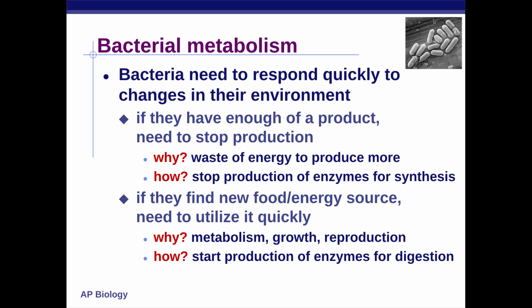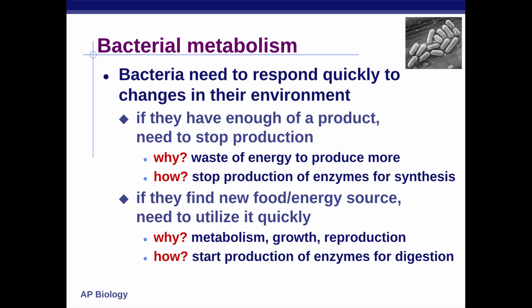Bacteria have the necessity to respond very quickly to changes in their environment because of how quickly they have to operate. And they have to make sure that they maximize on their energy savings. Meaning they don't want to waste energy producing nutrients for themselves when the nutrients are available readily in their environment, in which case they have to shut off the genes that produce materials for them.